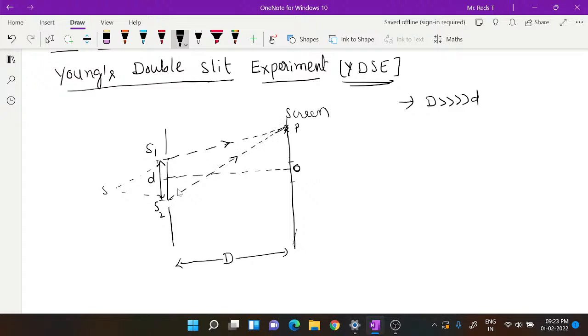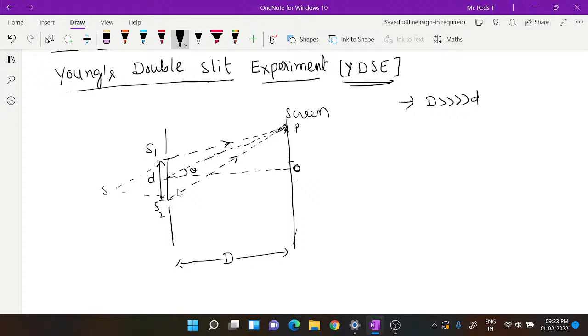For understanding purposes, if we consider a reference line drawn from here, it makes an angle theta with this middle horizontal line. By symmetry, if this distance is much greater than the separation between the slits, we can call this line S1P and this line S2P.